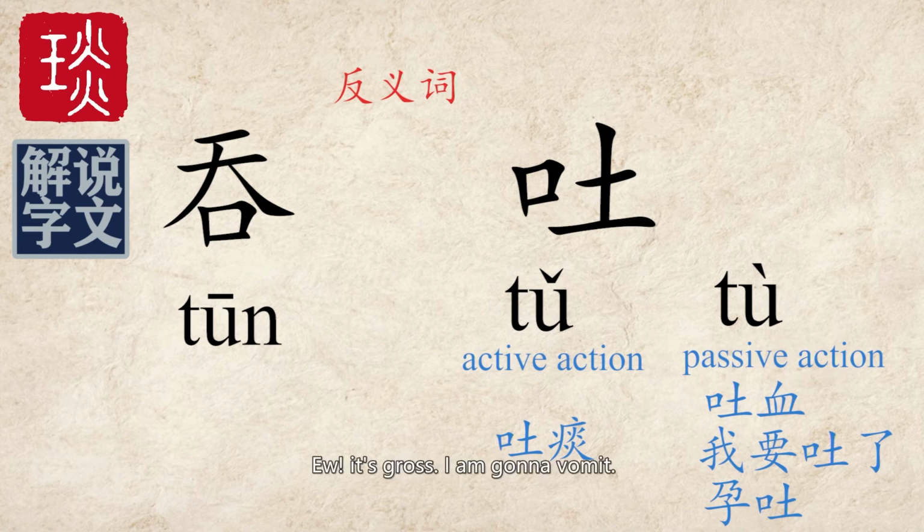Ew, it's gross, I'm gonna vomit. 我要吐了. 孕吐. When a woman is pregnant, sometimes she vomits, and it's not controllable, so it's 吐, 孕吐, the fourth tone.